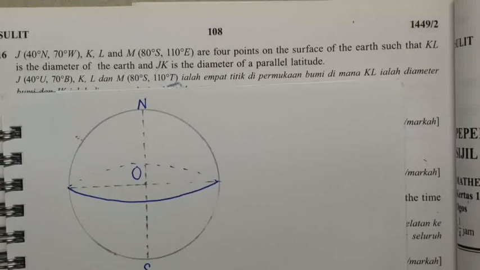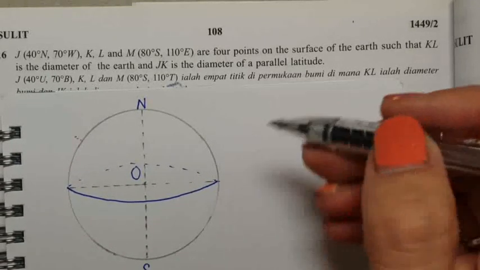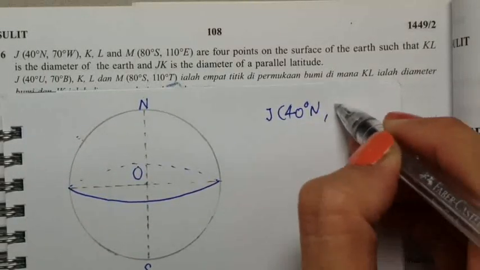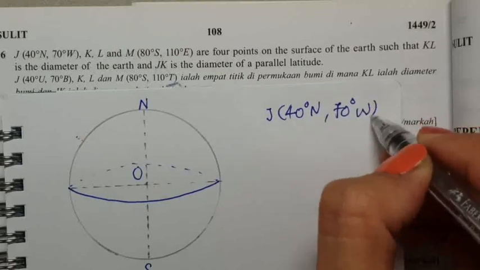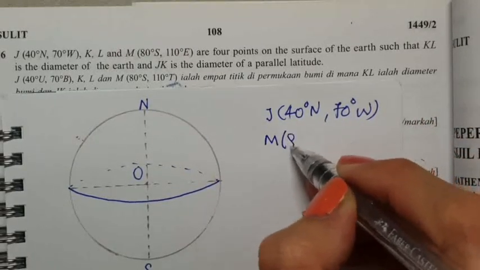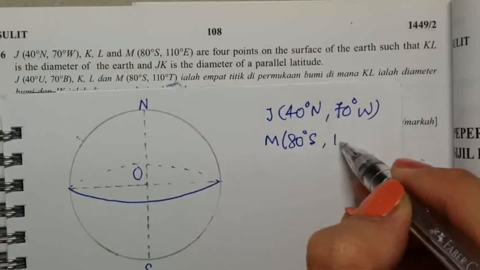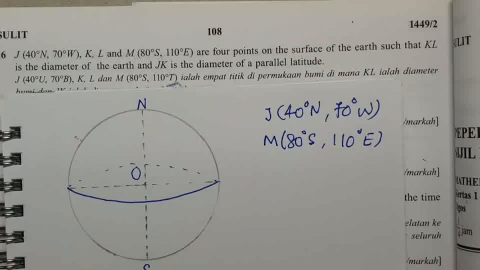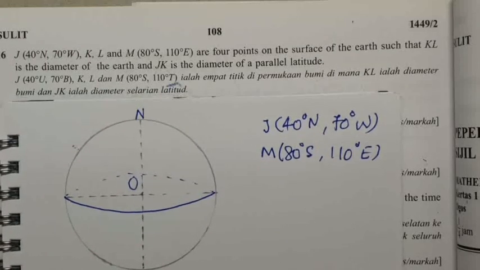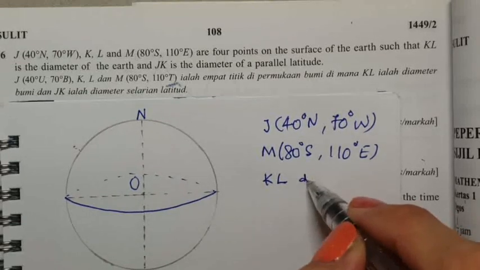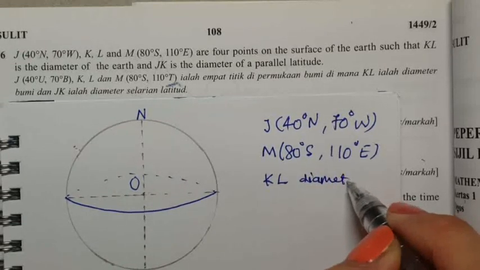Next, let's put in the information. We have J. J is 40° north and 70° west. And then we have K, L and M. M is 80° south and 110° east. There are 4 points on the surface of the earth, whereby K and L are the diameter of the earth.